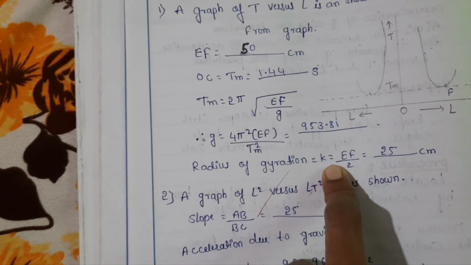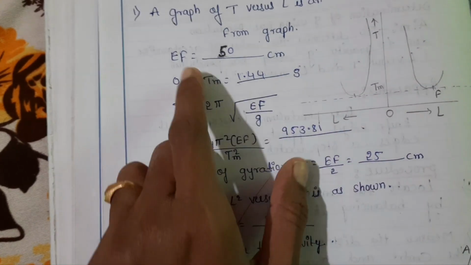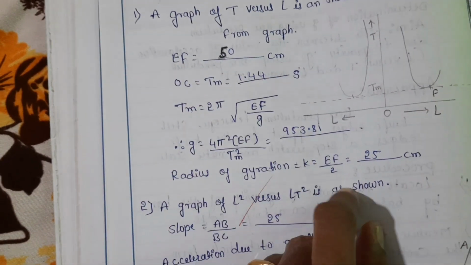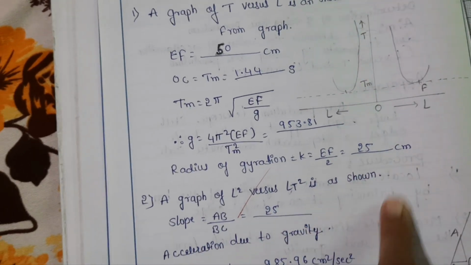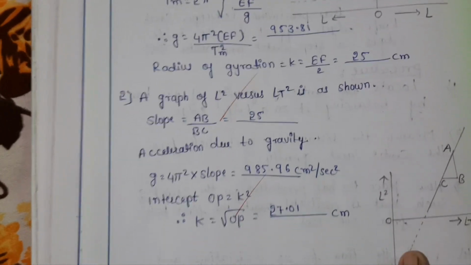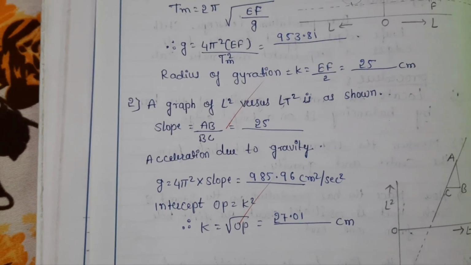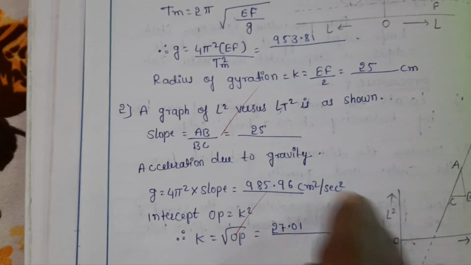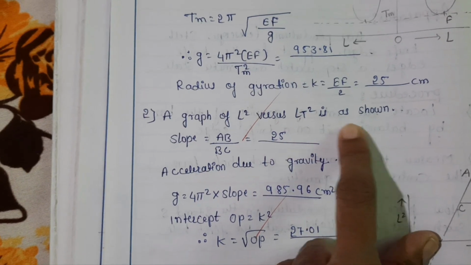Then the radius of gyration, how will you calculate it? Capital K is equal to EF, the mean distance, divided by 2, that will be 25 centimeter. In the next graph also, you have to calculate acceleration due to gravity by plotting L square, length square, versus L into T square.